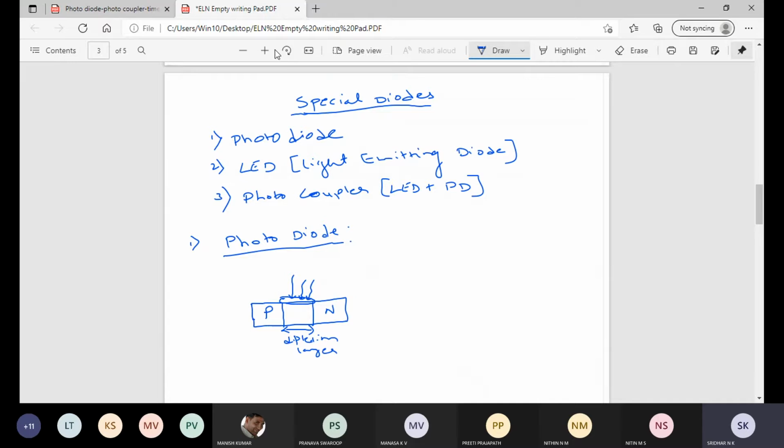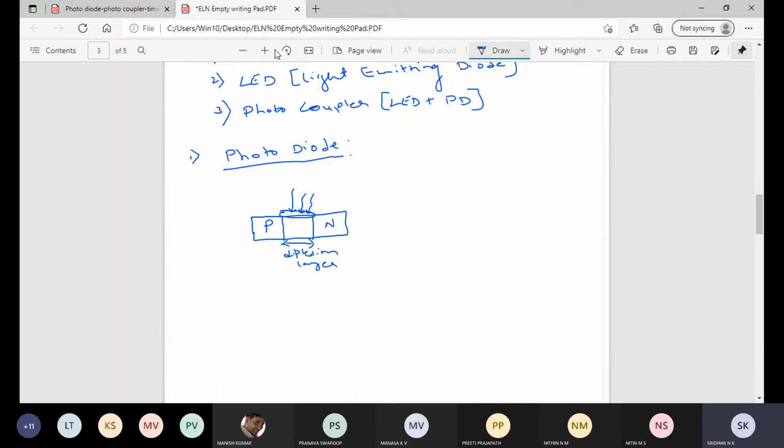Whenever photodiode comes into discussion, one should always remember that photodiode is always reverse biased. When I say reverse biased, how do you connect reverse bias? You all learned this when we were discussing forward bias and reverse bias of PN junctions, right? If it has to be reverse biased, what kind of polarities do I have to give here?